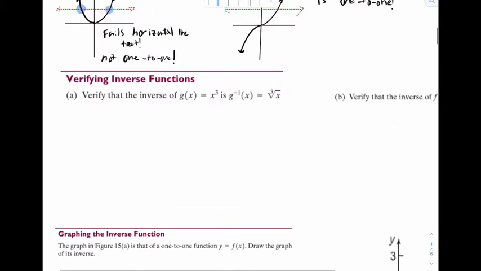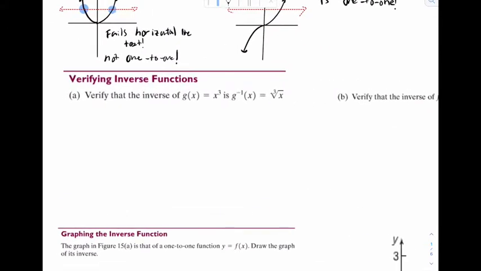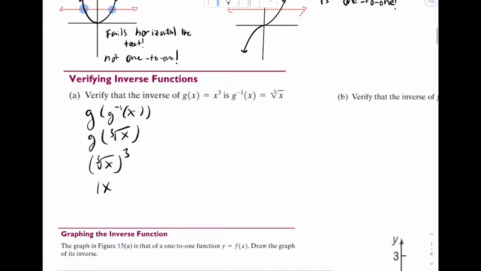Now to verify it algebraically, let's see what happens. We are going to plug g inverse into g. So that would be g of the cube root of x. And let's look at what happens here. Cube root of x cubed, you get x. So notice how it completely undid everything, and you just got x back.